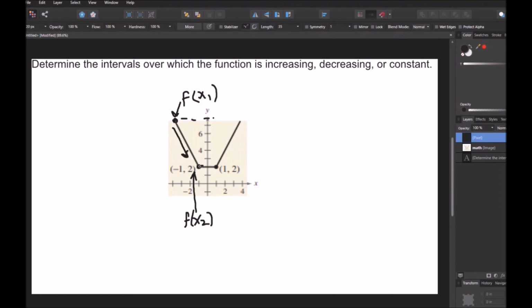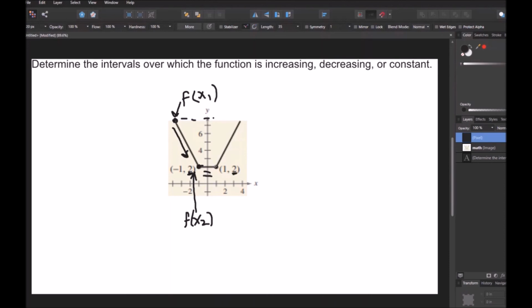Then right here, if I go here, I can see that both the y values, otherwise known as the f of x values, are the same. When f of x1 equals f of x2, the graph is constant over that interval. So over this interval, they're constant. They're equal to each other.